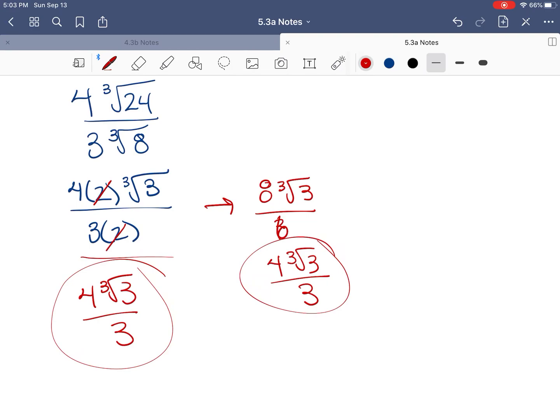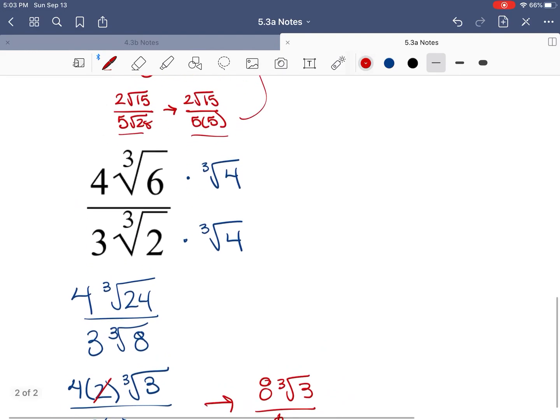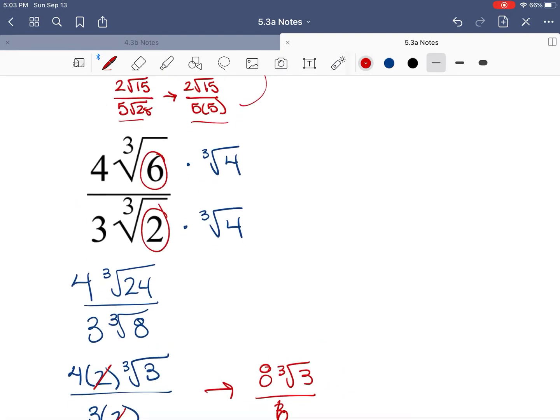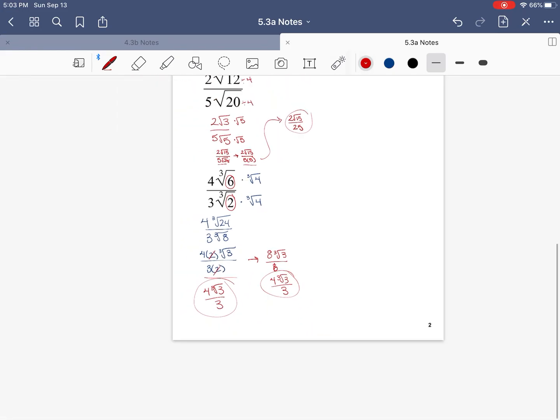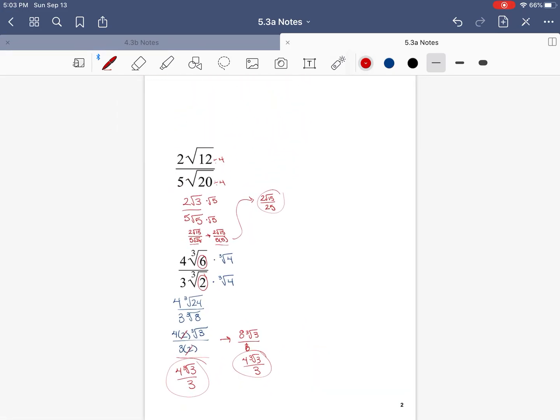So we got there in the end. It doesn't matter what way you do it, I'm just showing you that there are lots of different ways. The thing I noticed back up in the question was that 6 and 2 have a common factor. I could have just divided, but for the purpose of this example, I wanted to demonstrate how to deal with a cube. So yeah, that's it. That's all.